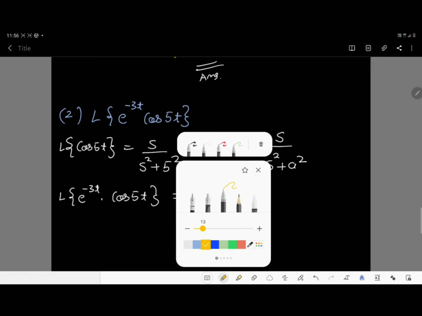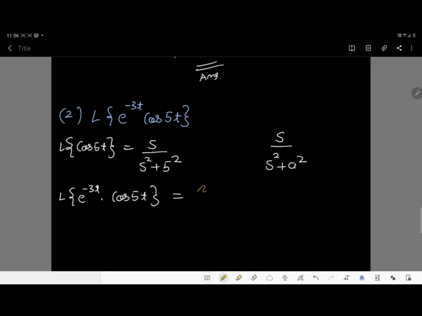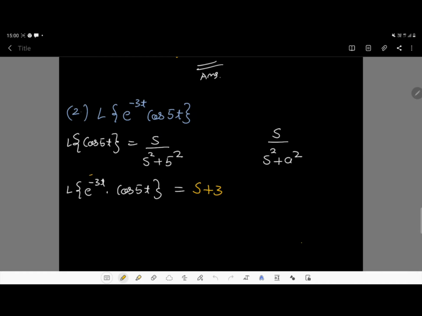So now replacing this, s plus 3 it will become, because it's upon s plus 3 whole square plus 5 square, right? So this will be your answer.